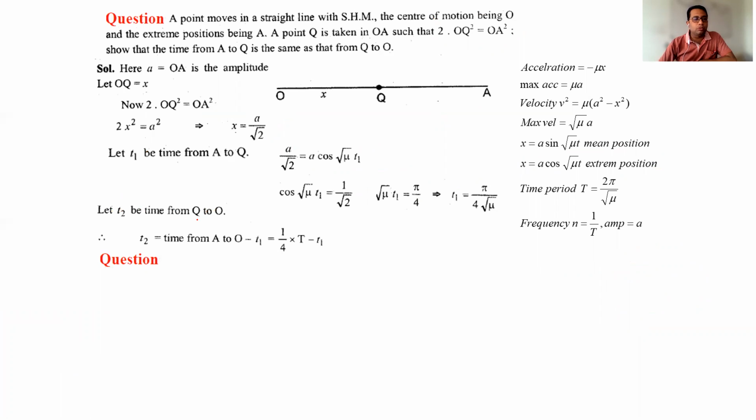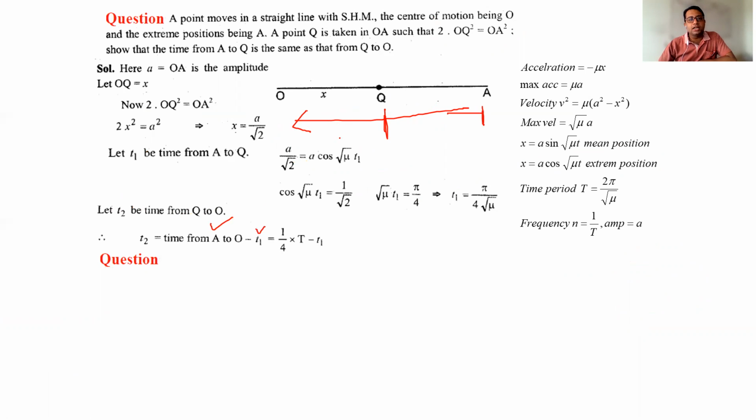Let T2 be the time from Q to O. So how can you calculate the time T2? The time from A to O, from this whole time, if you subtract the A to Q time, you will get the time from Q to O. So it is equal to the time from A to O minus T1.